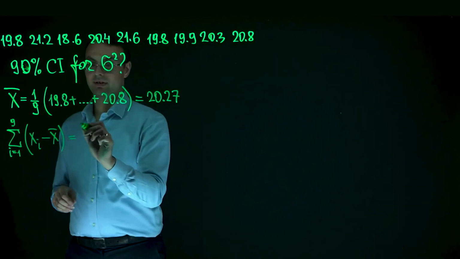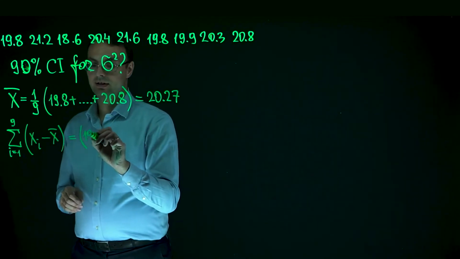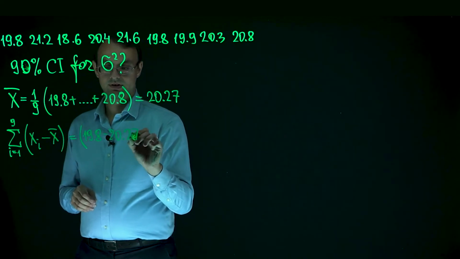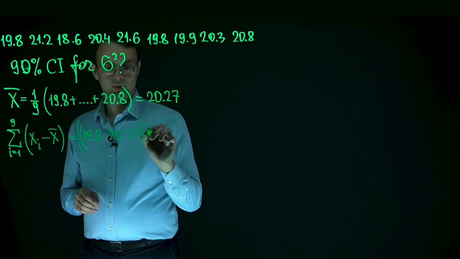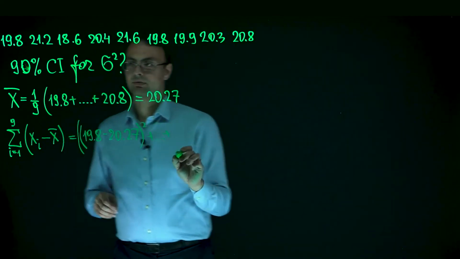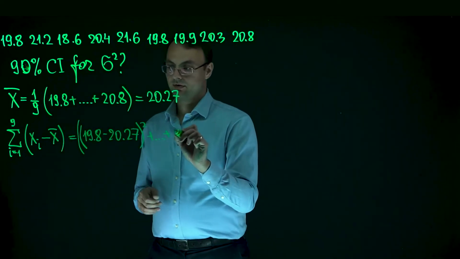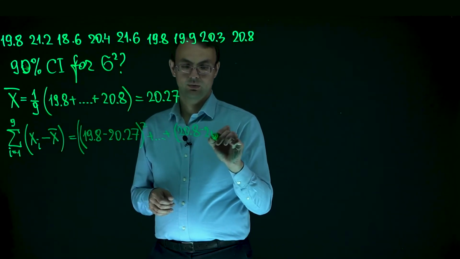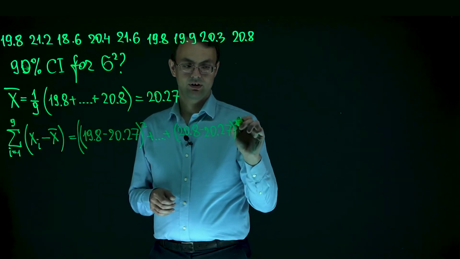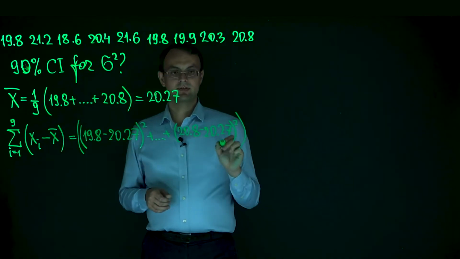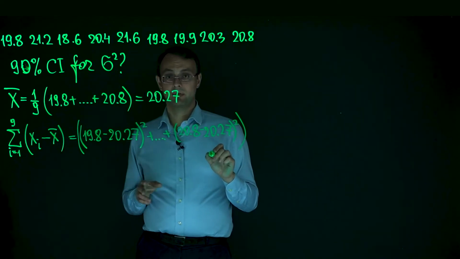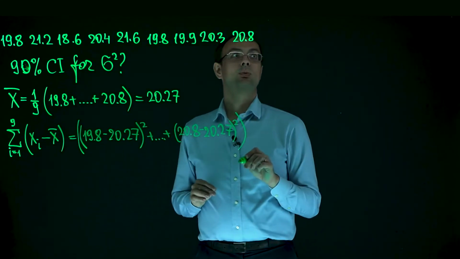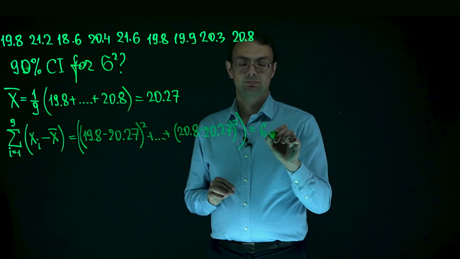This is like 19.8 minus 20.27 squared, plus and so on up to the last one, 20.8 minus 20.27 squared. This sum of squared differences is equal to 6.3.